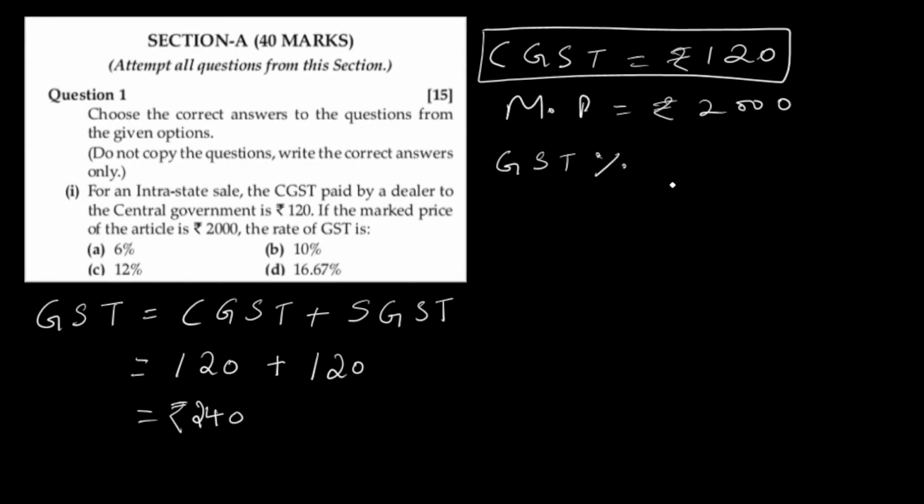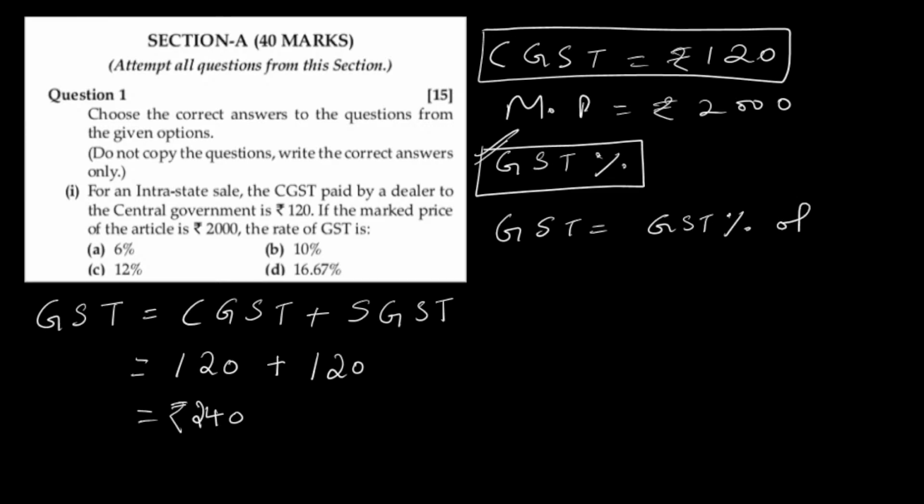But we have to find the percentage of GST. So how to find GST percentage? GST is equal to GST percent of marked price. Now GST we know, GST is equal to 240. So percentage I am just assuming as X percent.